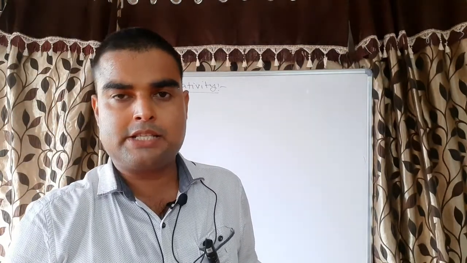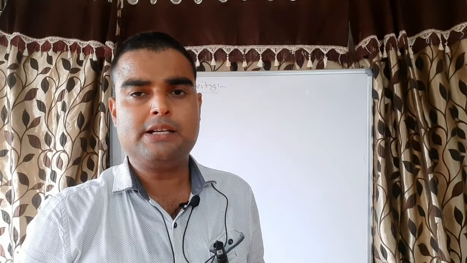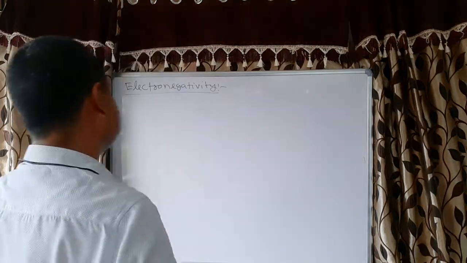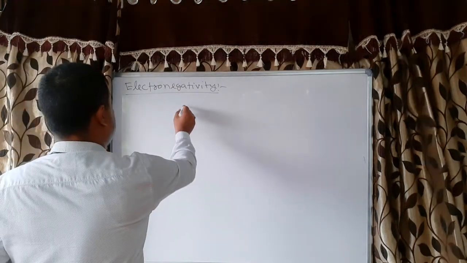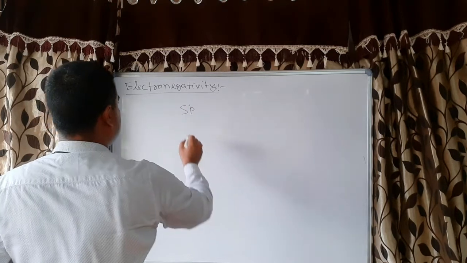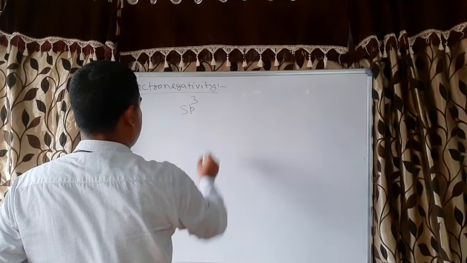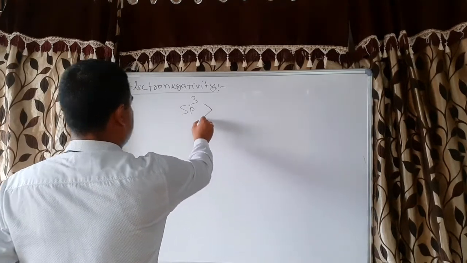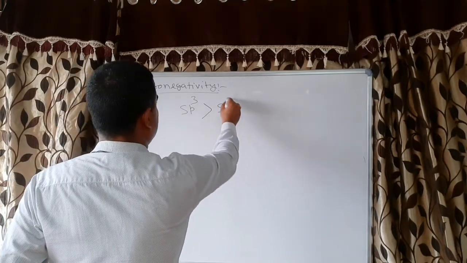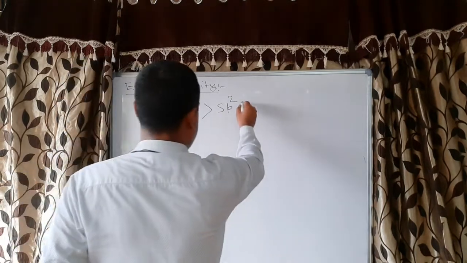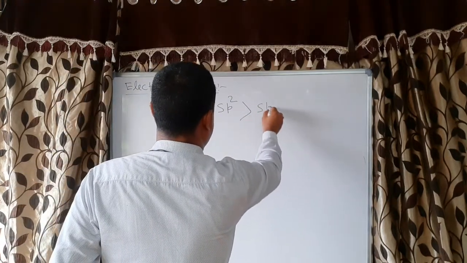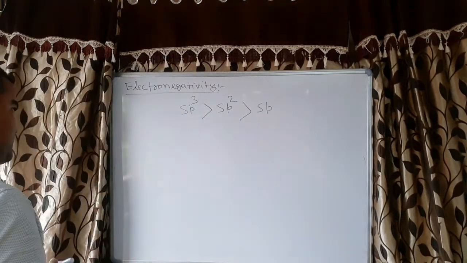Electronegativity is the tendency of attracting electrons. As I told you previously, sp3 hybrid orbital is bigger in size than sp2 hybrid orbital, which is bigger in size than sp hybrid orbital.